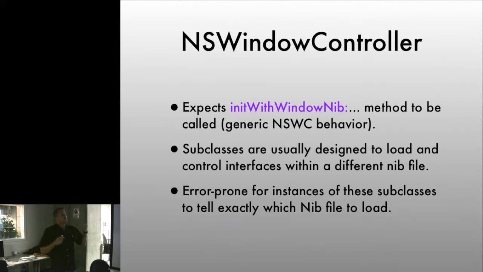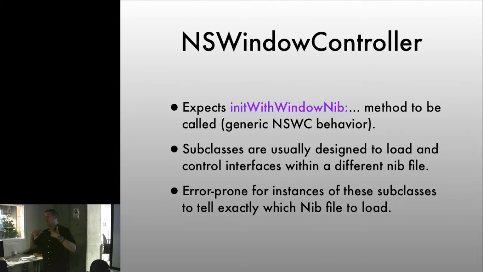So one of the gotchas is that NSWindowController, as it starts up, expects that initWithWindowNibName is a method that is within your subclass. If you subclass the window controller, the generic NSWindowController behavior is to just load up the window controller and call initWithWindowNibName, and it's the same nib that holds your controller, so everything's groovy.